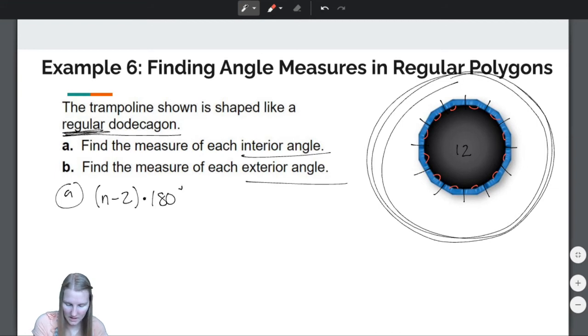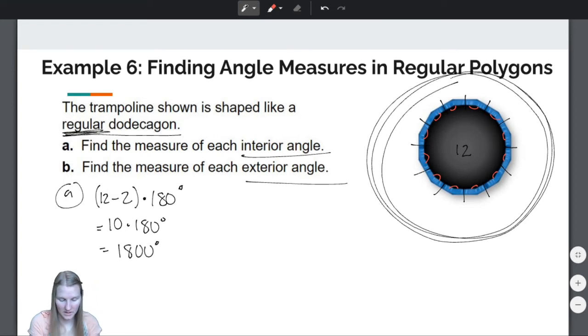I know that n is 12. So we have 10 times 180. I don't even need a calculator. I can just add a 0 onto the end of 180 to get 1800. So there are 1800 degrees inside of this shape.